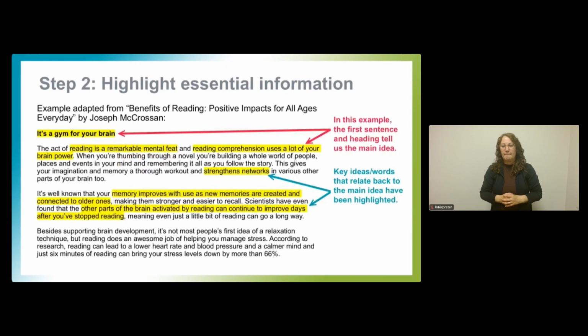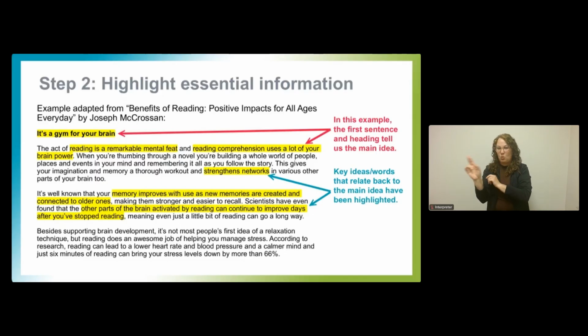So this slide shows step 2, highlighting only the essential information. So you can see where I've identified the main idea using the red arrows and red comment on the right of this slide.